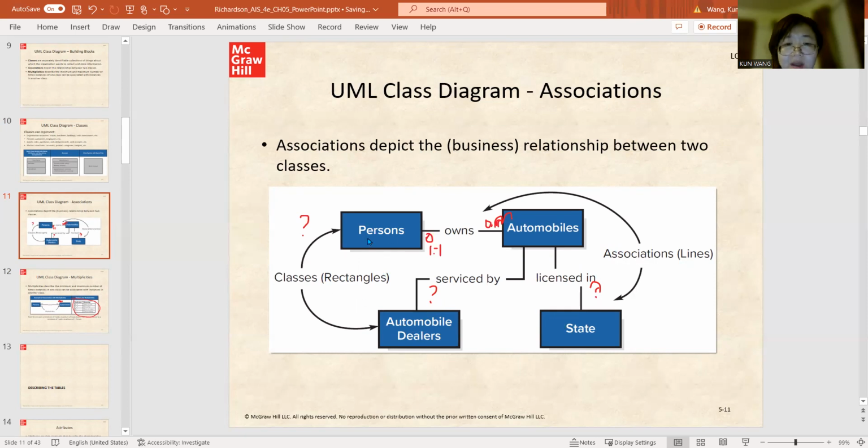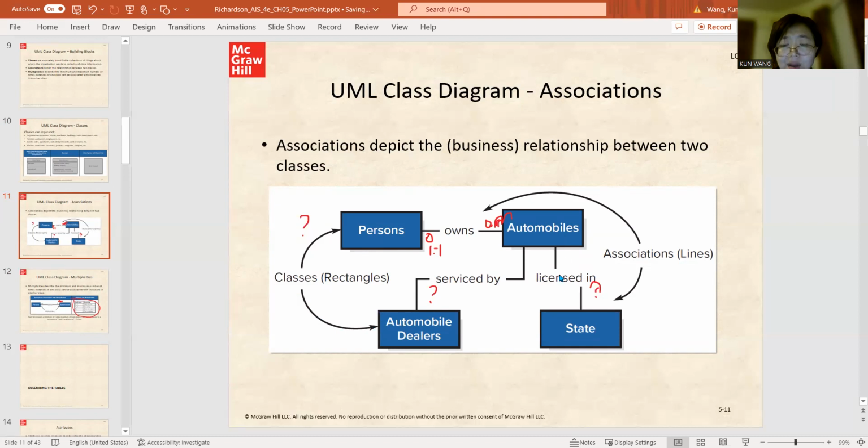The person needs the service, right? The person is the customer of the dealership, so they purchase the car from the dealer, or they ask for a service, like car service. So how about the customer and the dealership?